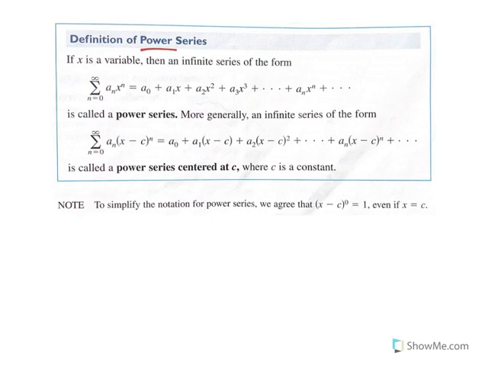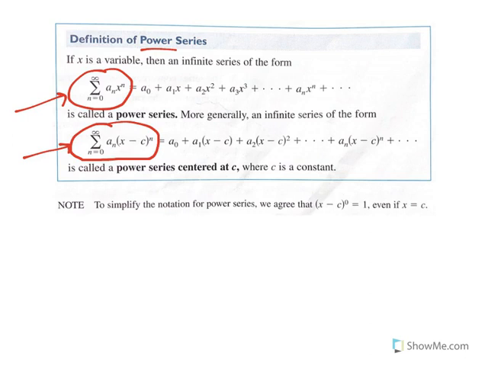So a power series can be centered at 0, or it could be centered at some other number. In the second case, it is centered at a number other than 0. In the first case, it is centered at 0. And just to connect this to what we'd been doing in 9.7, we had Taylor polynomials that were centered at c, and Taylor polynomials that were centered at 0, which were called Maclaurin polynomials.